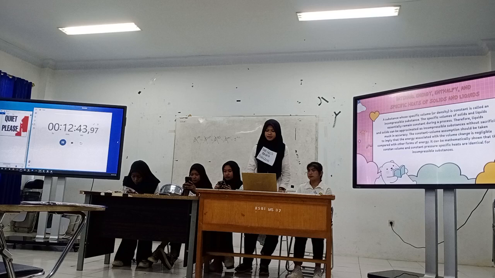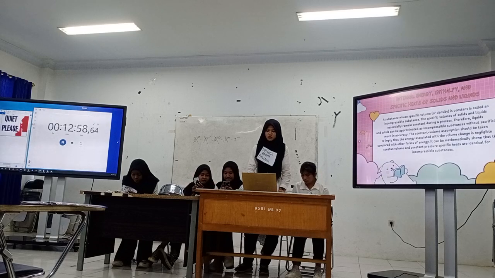Internal energy, enthalpy, and specific heats of solids and liquids. A substance whose specific volume or density is constant is called an incompressible substance. The specific volumes of solids and liquids essentially remain constant during a process. Therefore, liquids and solids can be approximated as incompressible substances without sacrificing much in accuracy.